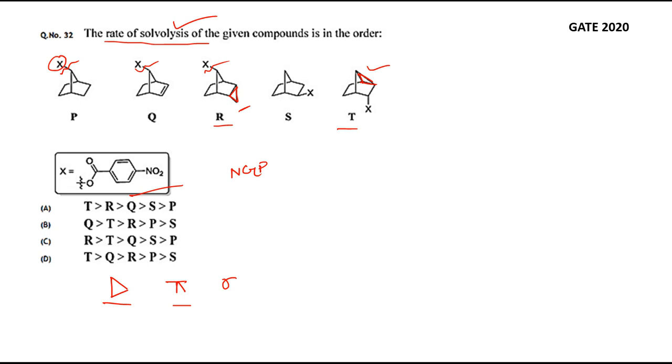So T and R, as the 3-member ring is present, will come first, but T will come before R. And then we have a double bond only in Q. So after T and R it should be Q, and then P and S. Now T before R, you can find only in option A: TR, then Q, and then SP. So this is option A based on this explanation.